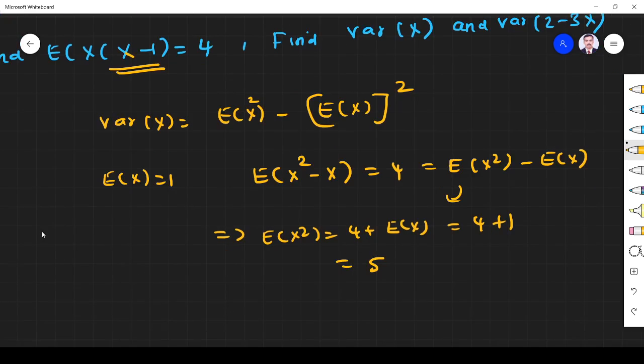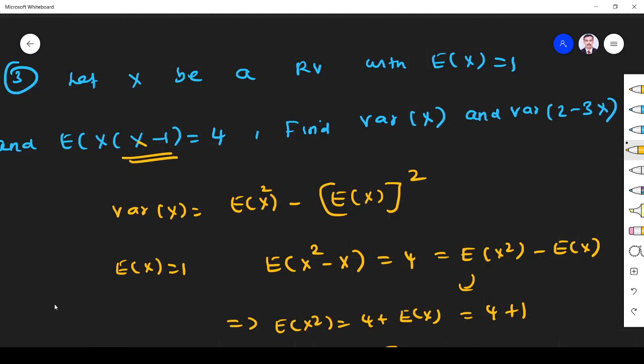Now we got all. So what is variance of x? Variance of x is equal to E of x squared, which we just found is 5, minus E of x squared, 1 squared, so that is 4. So variance is 4. Right? So they ask find variance of x, that is equal to 4.